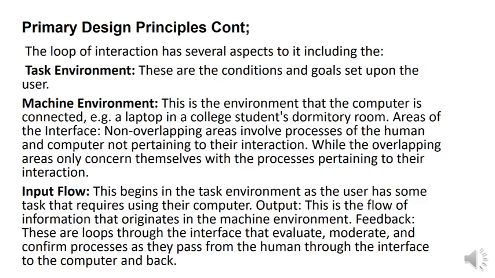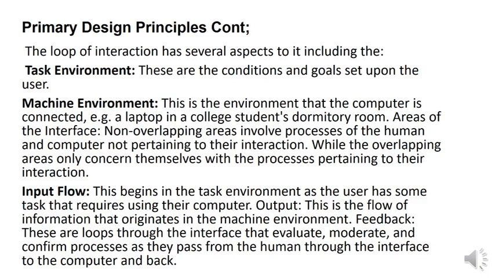Areas of the interface: now, overlapping and non-overlapping. The non-overlapping area involves processes of the human and computer not pertaining to their interaction, while the overlapping area only concerns itself with the processes pertaining to the area of interaction. Then input flow: this begins in the task environment as the user has some tasks that require using their own computer.